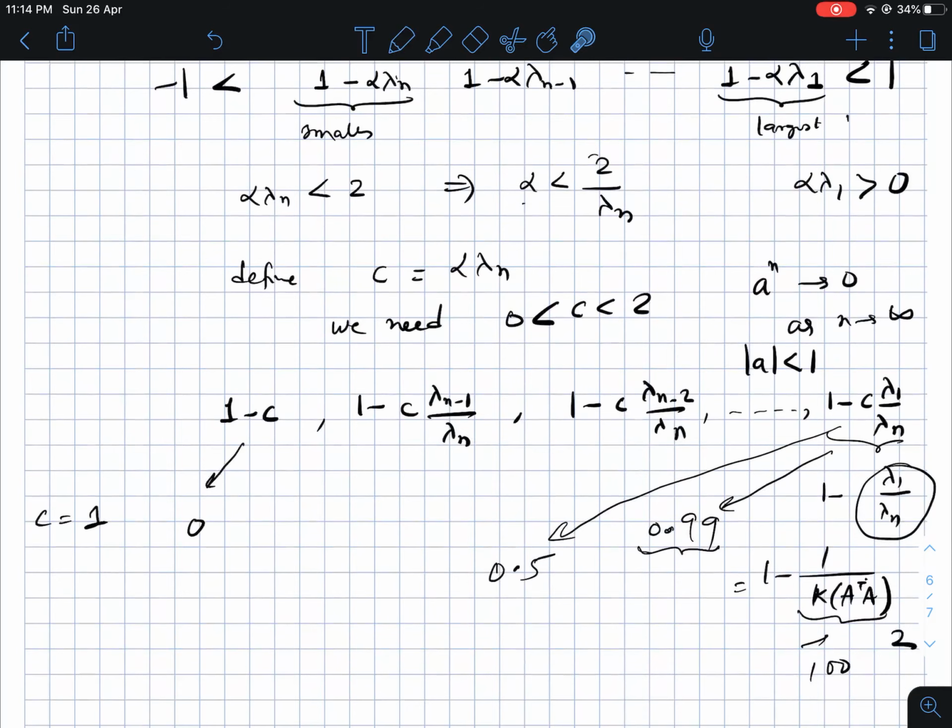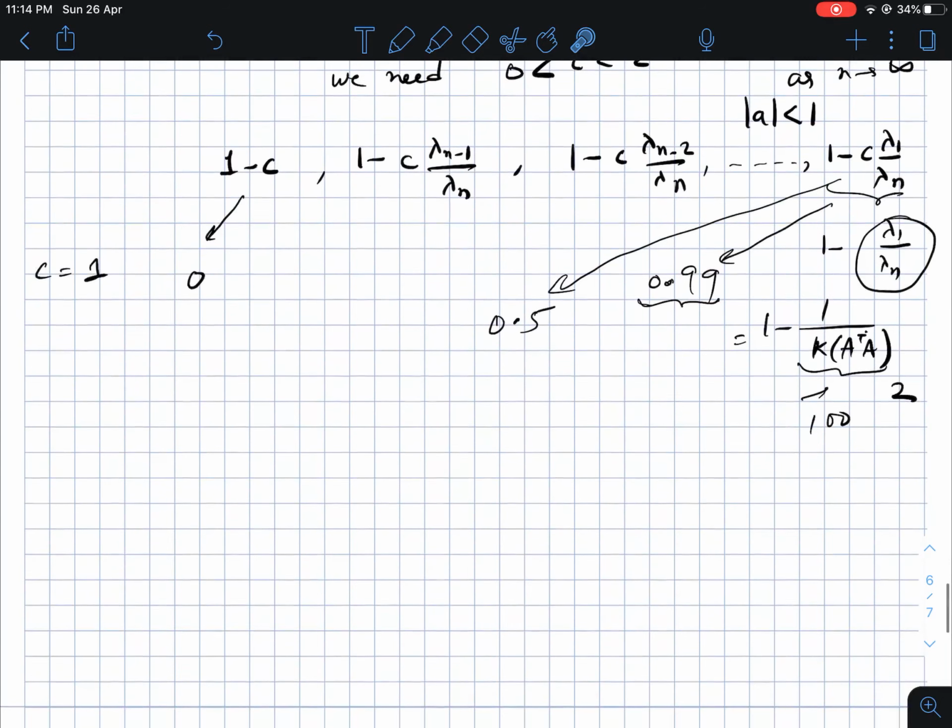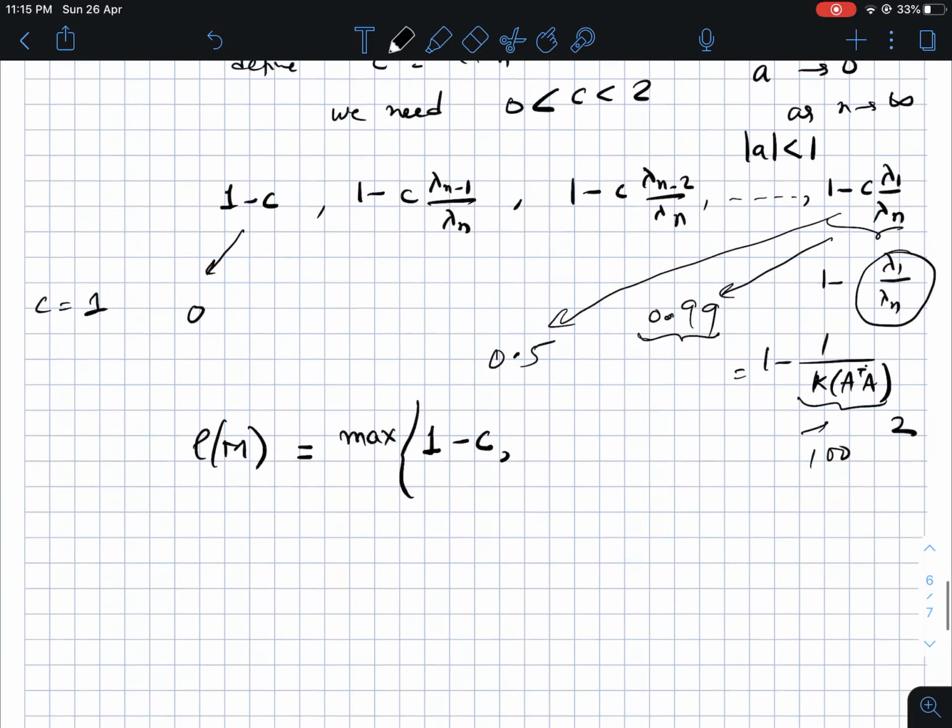Okay, so the convergence of gradient descent, as you can see, depends on the condition number of A transpose A, right? To be precise, you can write the condition number of the matrix M involved as max of 1 minus C, comma 1 minus C by condition number of A transpose A. Okay, that is going to be the condition number of M.